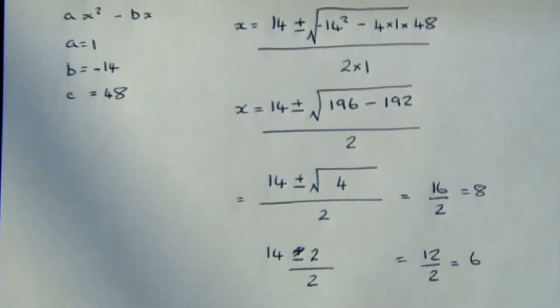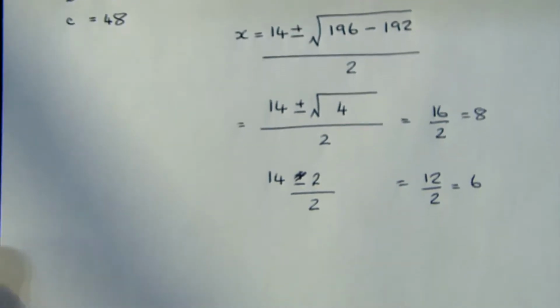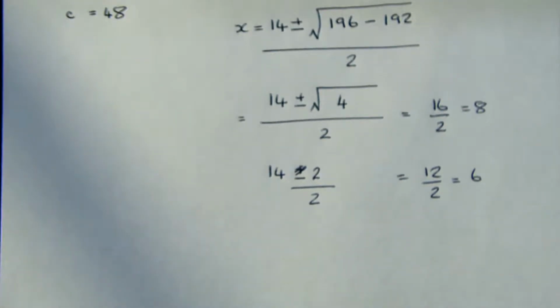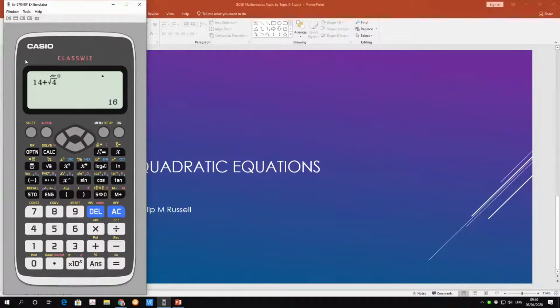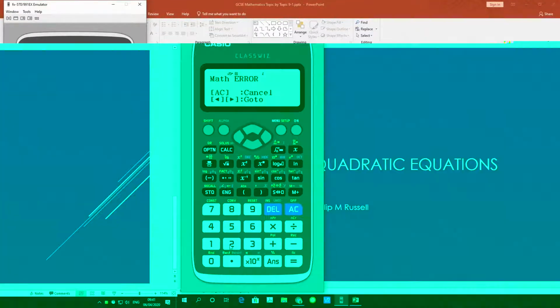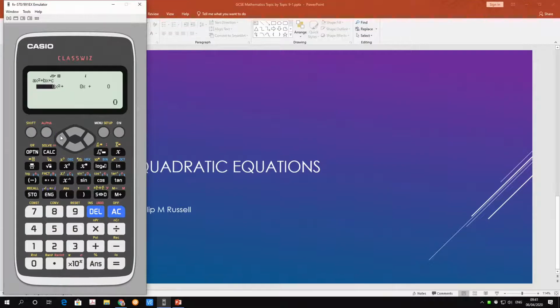But there's an easier way. Let's do the same sum. Menu. And I'm going to navigate down to equation and accept that. We're going to do a polynomial, and now it's going to be a squared. I do like it when the calculator doesn't do what I wanted it to do.